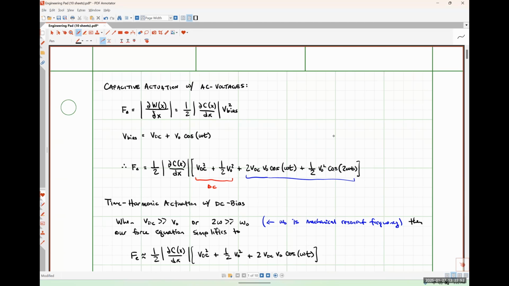So realistically, the amount of acceleration that you're going to get through everyday use is going to be rather small. It's very easy to lose that signal if you have a large DC bias voltage applied, because you've already caused your microstructure to move in a particular direction by some large amount because of that large force.